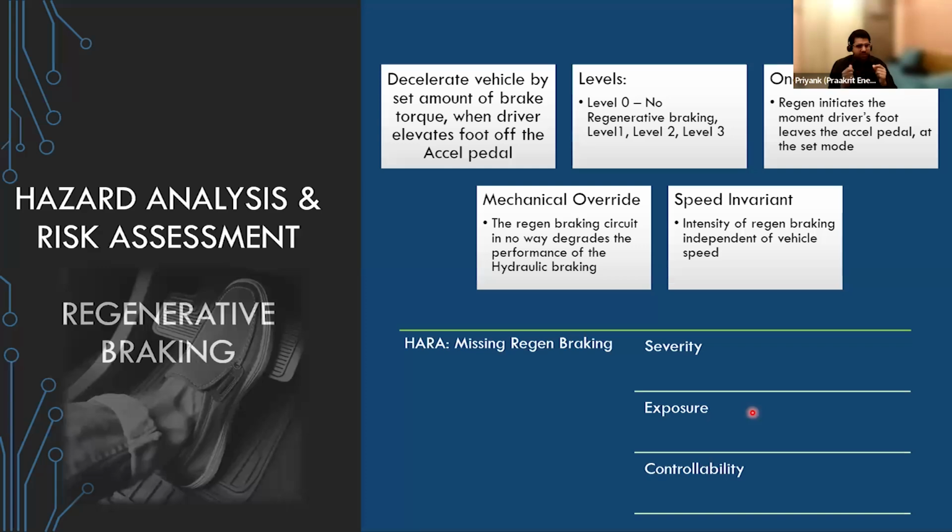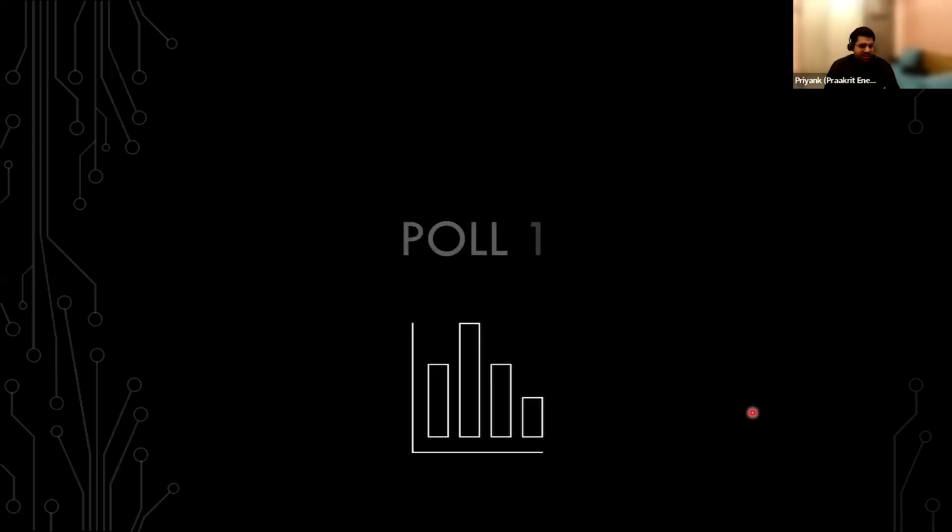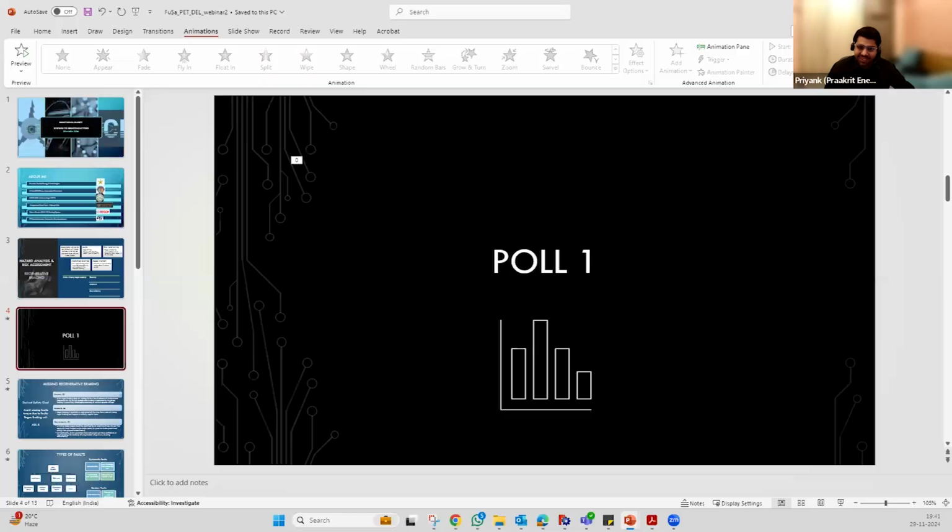And to make this very interactive, I want to directly jump to a poll. So Vinayak. Right, thank you. So guys, I want to ask you here, what do you think is the severity rating of a missing regenerative braking? The poll is on your screens, and please vote in.